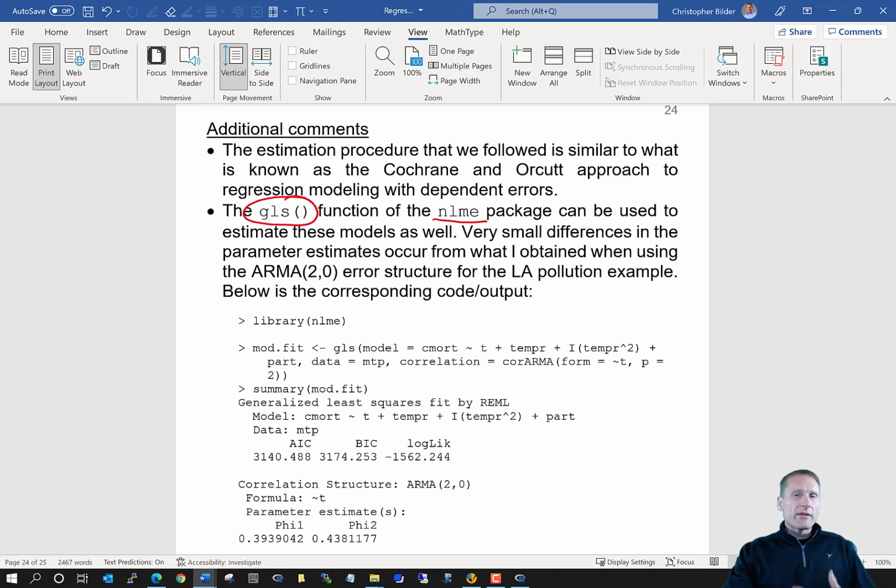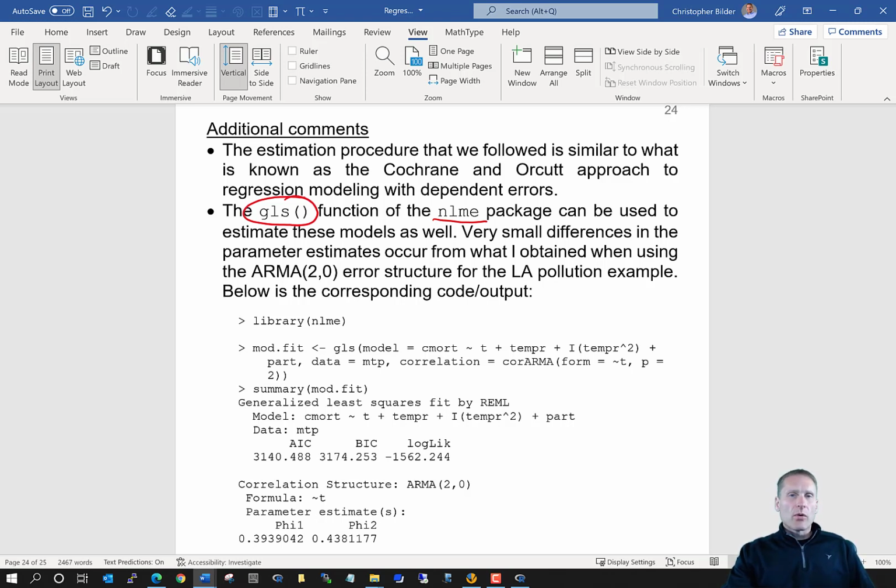When I most recently updated my notes for this course, I decided to not focus on that particular function and use the arima function instead. There are pluses and minuses to using either of them. I simply chose to use the arima function because it uses a similar framework to what we've been using for other models in the course already.